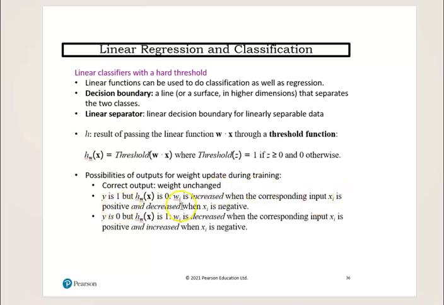When x is positive, we increase it, and we decrease it when x is negative. If we predicted a 1, like an earthquake, when it's actually a 0, a nuclear explosion, then in that case we have to reduce the weights a little bit for that given x if x is positive, and increase it when x is negative.